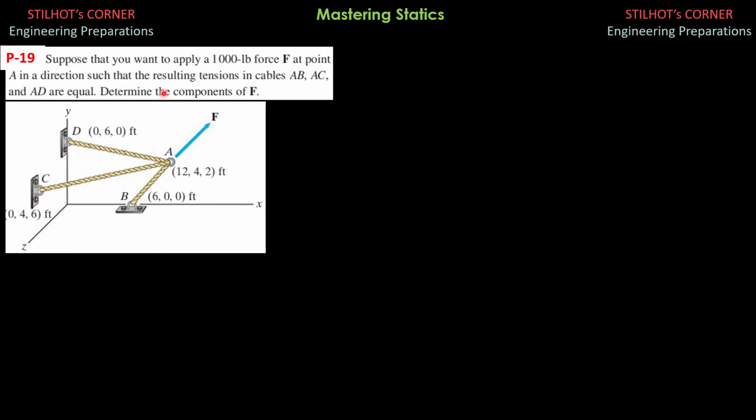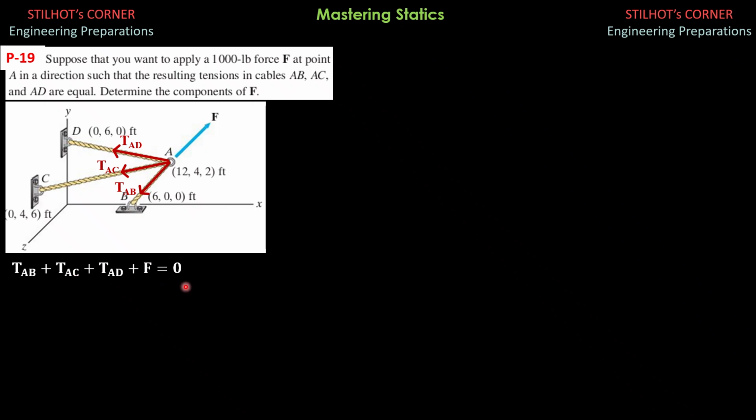Problem 19, suppose that you want to apply a 1,000 pound force F, which is this, at point A in a direction such that the resulting tensions in cables AB, AC, and AD are equal. So determine the components of F. So for the free body diagram, let's have those designations and we treat all these tensions equal to T. The symbol is T. So tension AB plus tension AC plus tension AD plus F equals 0.